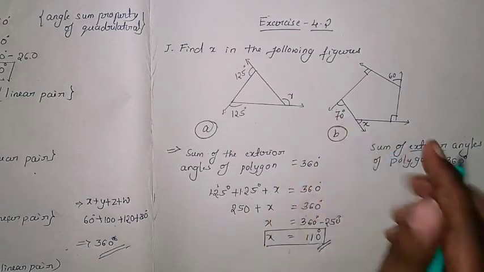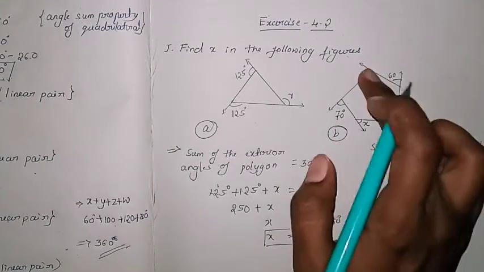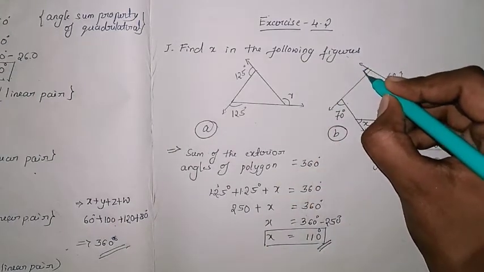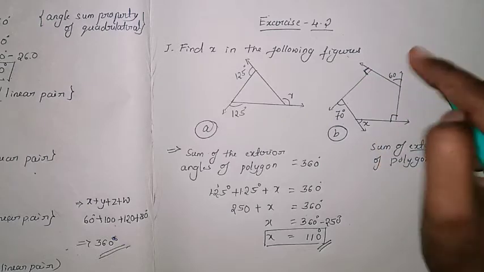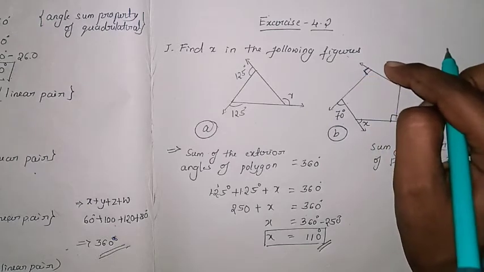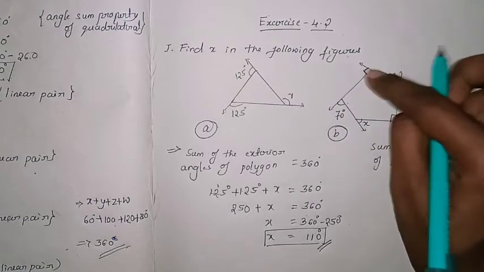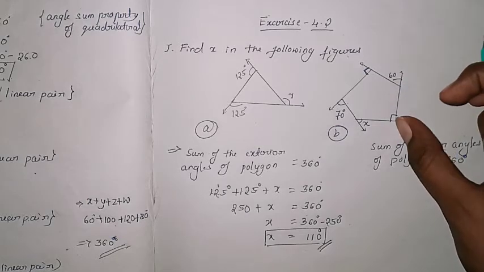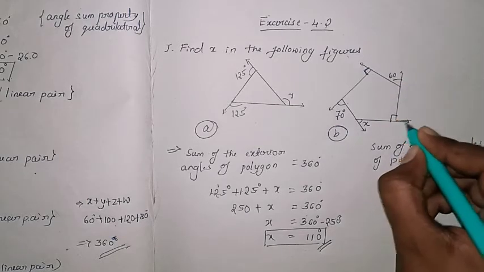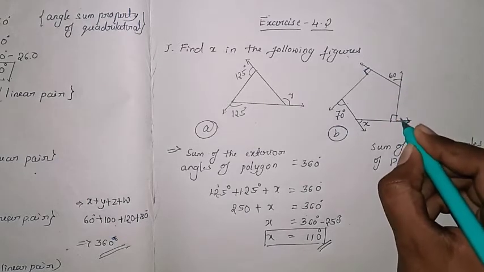We will start from the first one, that is 70. As it is a 90 degree angle, which I have explained in a previous class, I hope you know that. So it is 70 plus 90, and here they have not given the exterior angle. Is it possible to find this one?